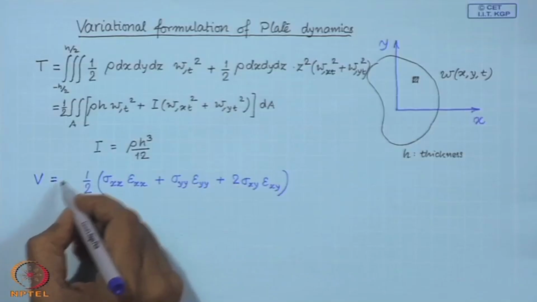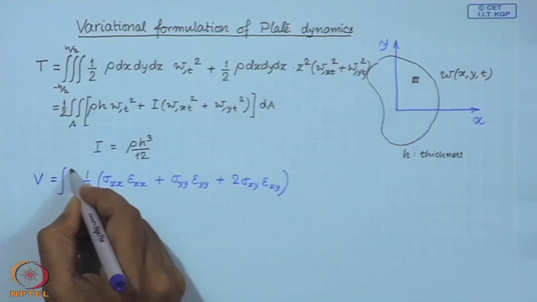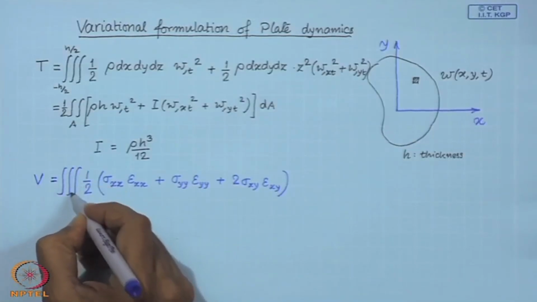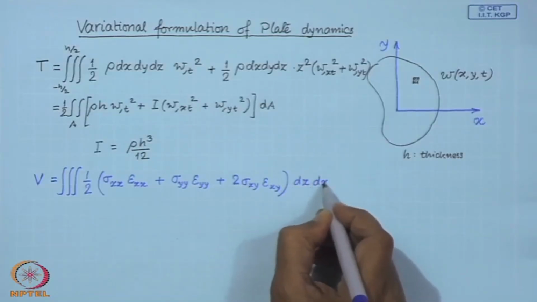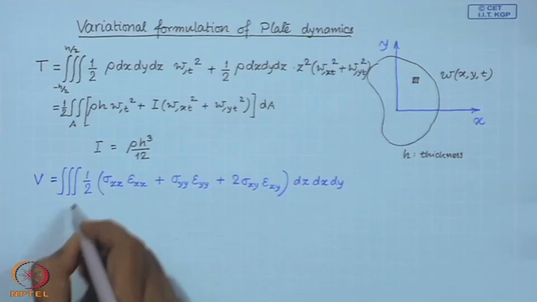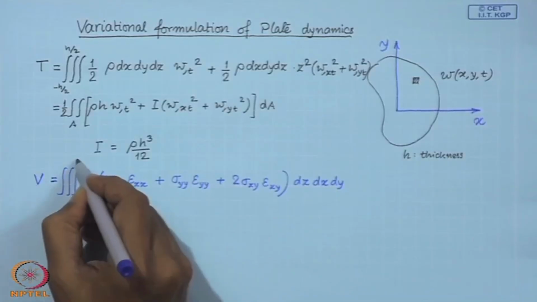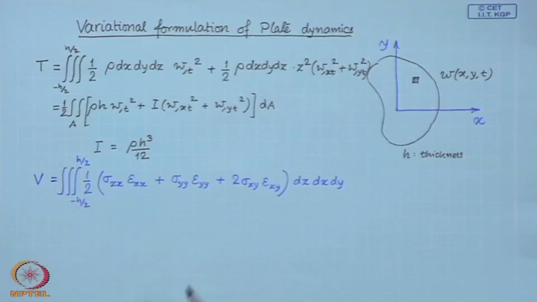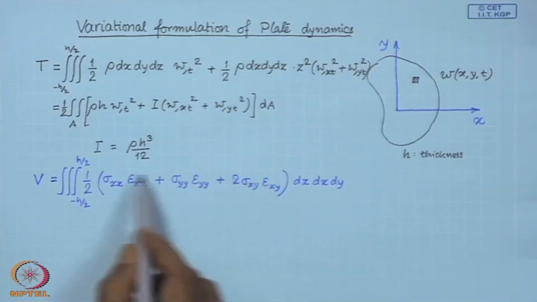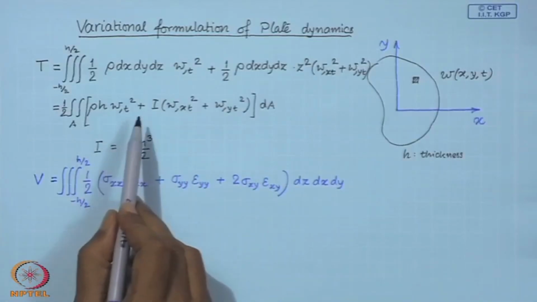So, now I have to again integrate, where the thickness goes from minus h by 2 to h by 2 and x, y go over the domain of the plate.